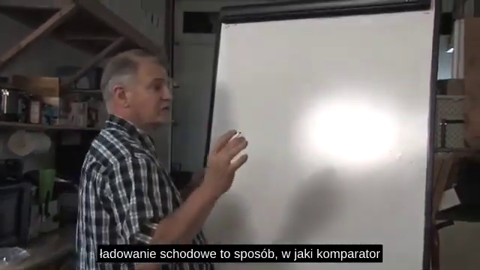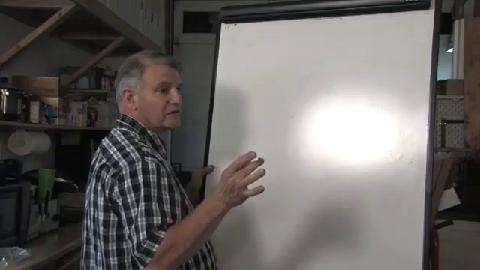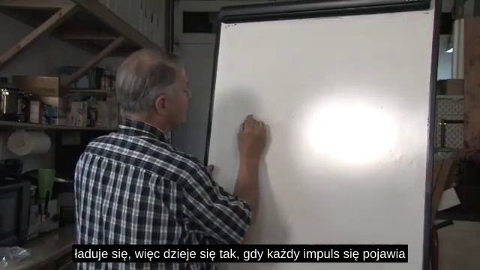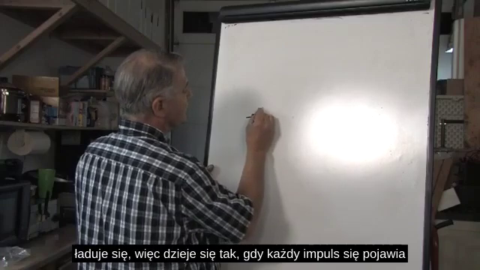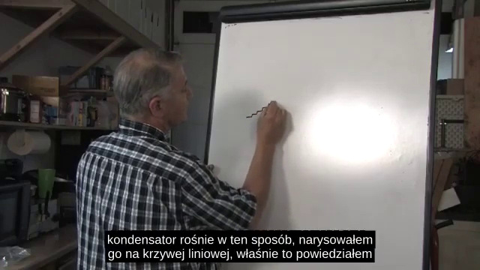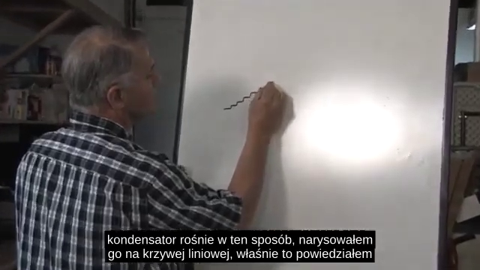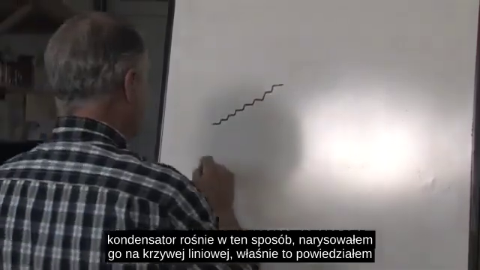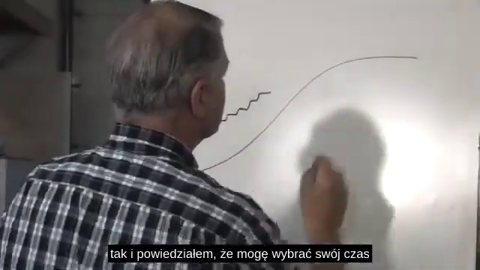Stair-step charging is the way that the comparator is charging. As each pulse comes up, the capacitor is rising like this. I drew it on a linear curve.